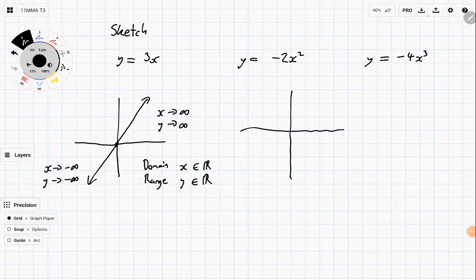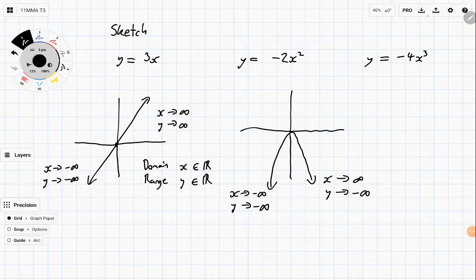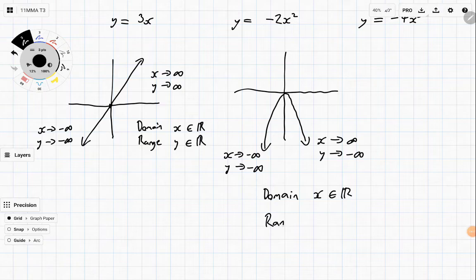It's going to be concave down, which means that as x goes to infinity, y goes to negative infinity, and as x goes to negative infinity, y also goes to negative infinity. And in this particular case, the domain, as with all of these, will be x is in double R. But the range is where it gets interesting, because the highest value is going to be 0, and the lowest value is negative infinity, and so that becomes our domain and range.